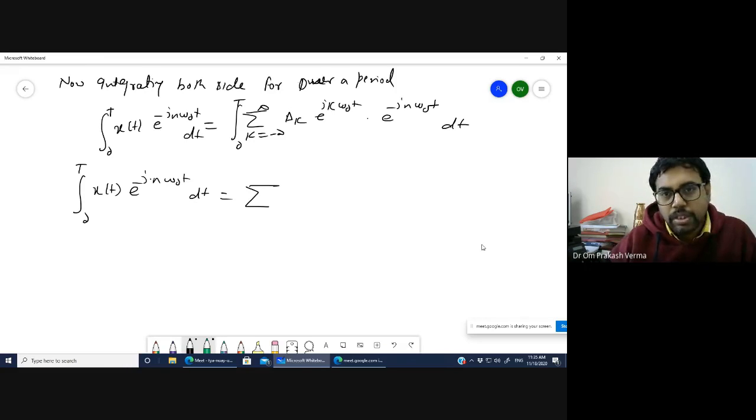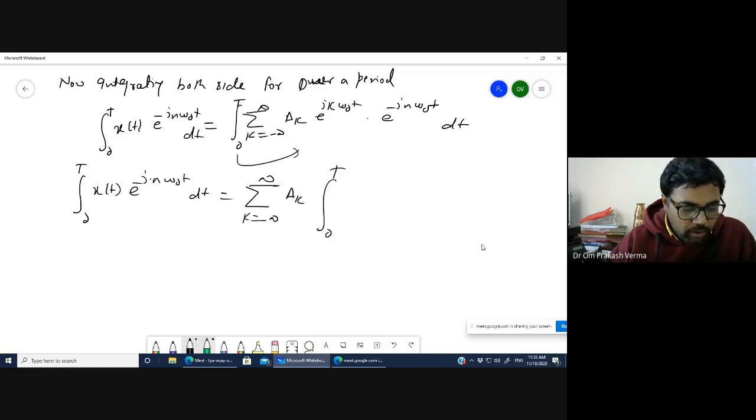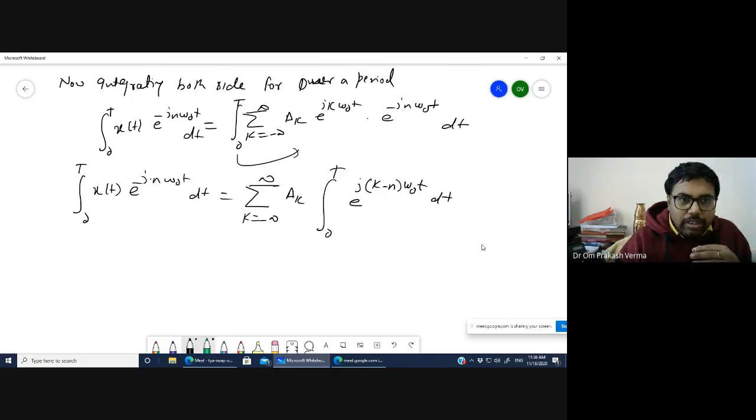Sorry, this is a dt, and here is also dt, e^(-j n omega_0 t) dt. So it becomes the summation over k equals minus infinity to infinity of a_k, and we take the integration inside. So it becomes the integral from 0 to T of e^(j(k-n) omega_0 t) dt, right? So this is one of the most important equations.